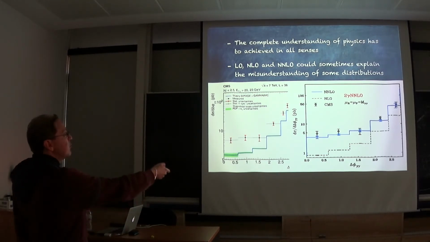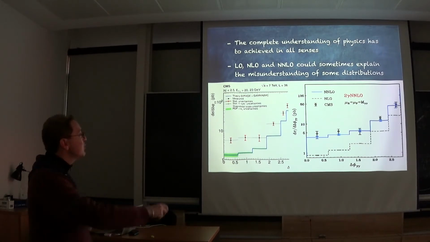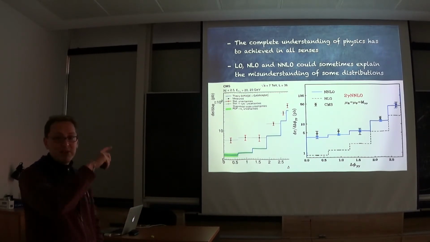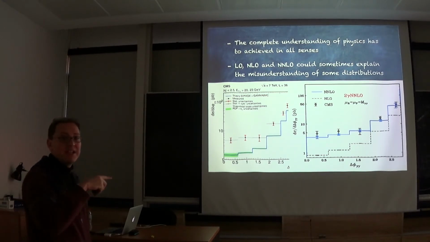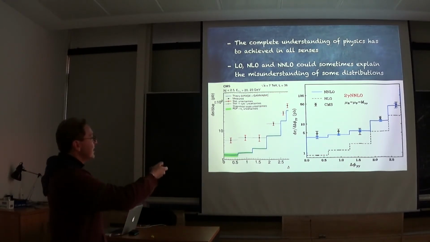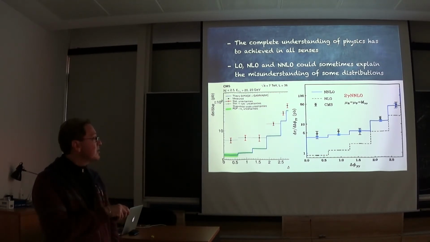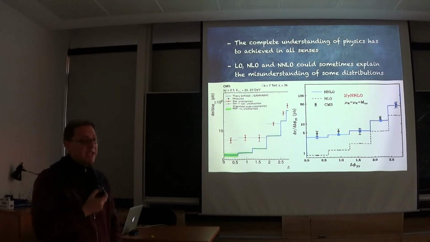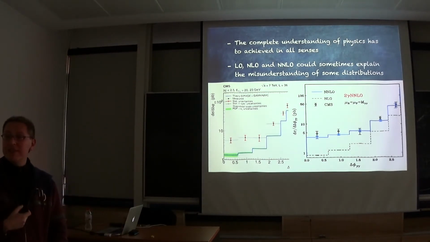But then another group came. This was a next-to-leading order calculation. If you go to next-to-leading order, that means that you add the 3 pieces that I showed you on the bottom line of the amplitude-level diagrams. Then they figured out that they match. And this kind of behavior was shown also at the Tevatron experiment.